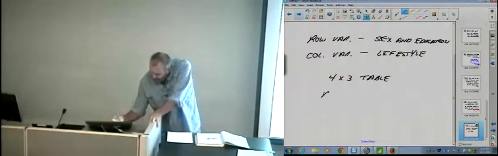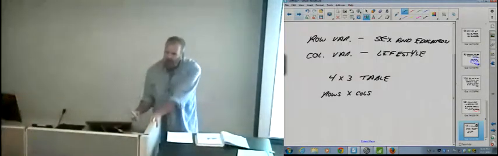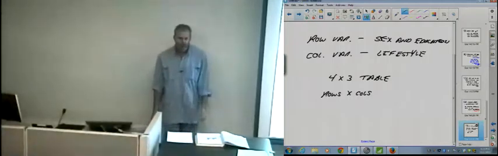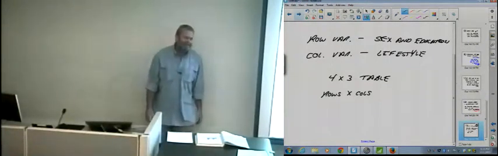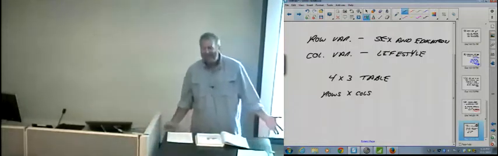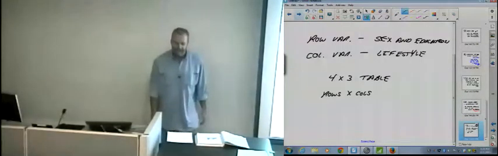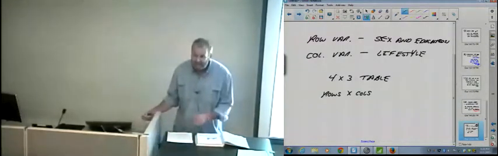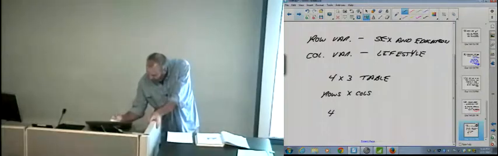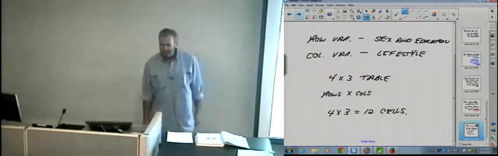It's always rows by columns. The number of rows by the number of columns, and I don't care anything about the total. I'm actually looking at the variable there. They were nice to us and added things up for us. I don't care about that when I count my 4 by 3 table. That means there are 4 times 3, which is equal to 12 cells.